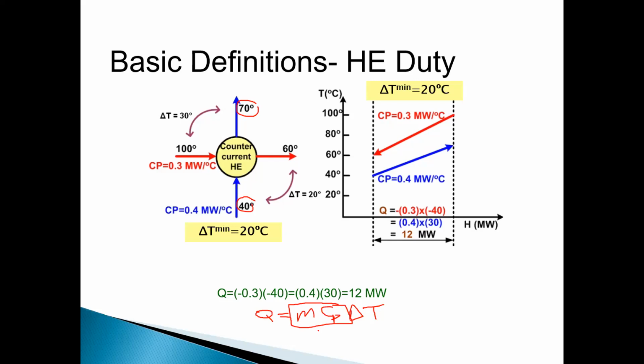We can write this as capital C, capital P. This is called the heat capacity flow rate.